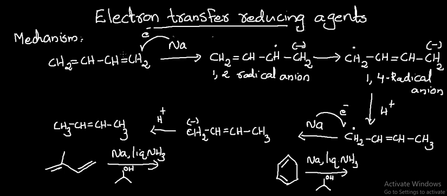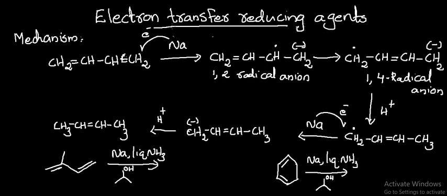So, when it undergoes homolysis, one carbon gets one electron, and the other carbon gets the other electron. One electron will be here, one electron will be here.